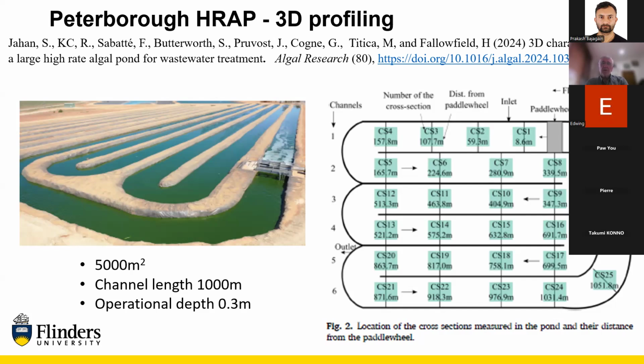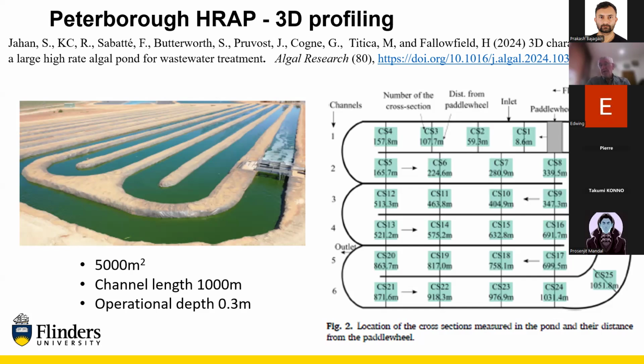So one of the first questions we wanted to answer was, how well mixed is this long raceway? Is it homogeneously mixed, so that there are homogeneous conditions, which is one of the big advantages of the high rate pond? You don't get thermal stratification, you don't get differential microbiology between aerobic and anaerobic conditions, and you don't get big temperature differences. So we wanted to look at how well mixed this system is with one paddle wheel.